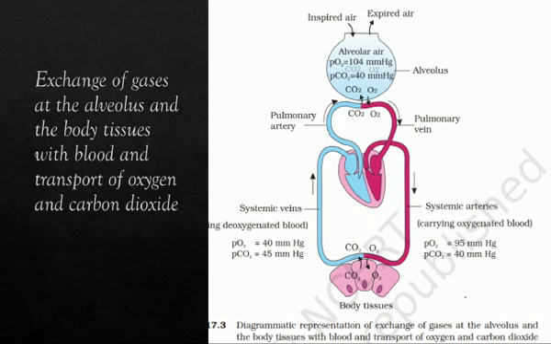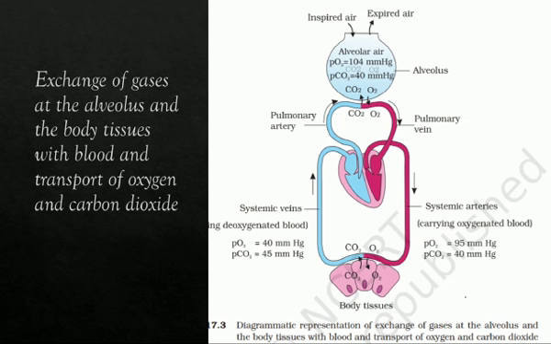So in alveoli, the partial pressure of oxygen is more but the partial pressure of carbon dioxide is less, so the pulmonary vein takes oxygen. It means oxygen is needed in the blood, and it's present in more amount in the lungs, so it will move from higher concentration to lower concentration.